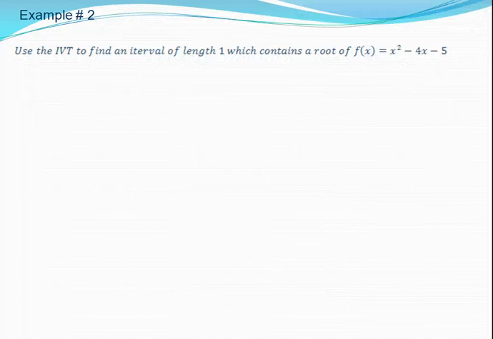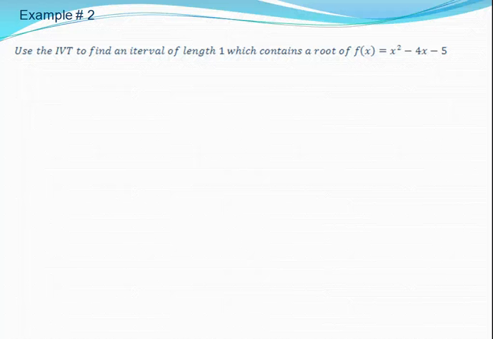So what I'm looking for is a change of signs in my function, because if I have an f of x value that's negative, and then a distance away I have an f of x value that is now positive, then somewhere in between my function must have passed through 0 to change from positive to negative or from negative to positive. So looking at my function, it's a polynomial.